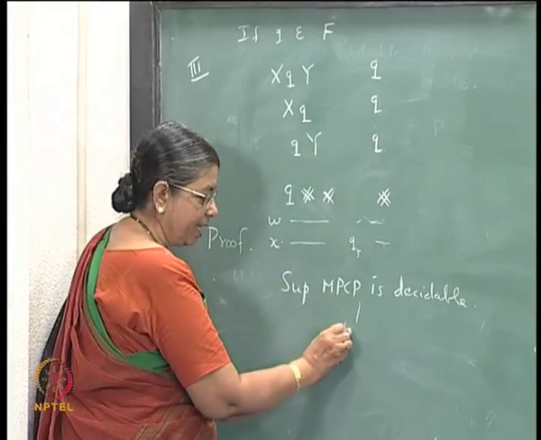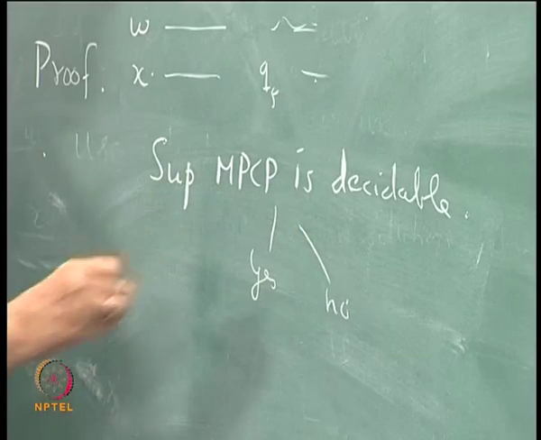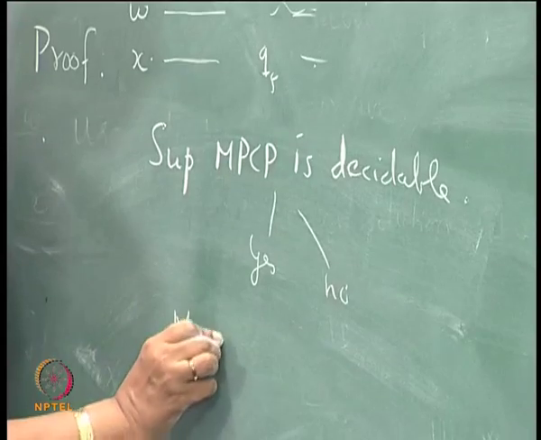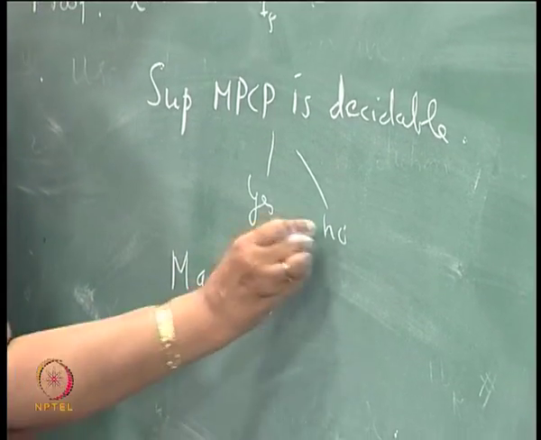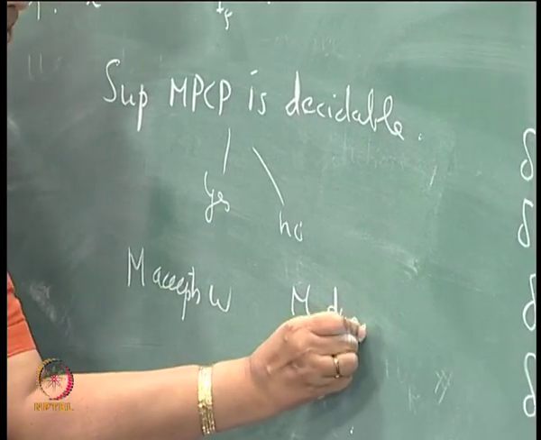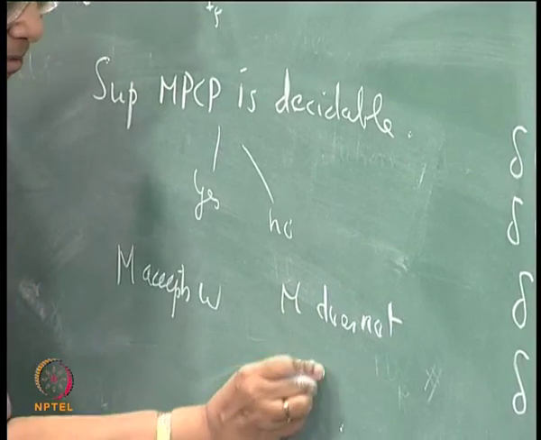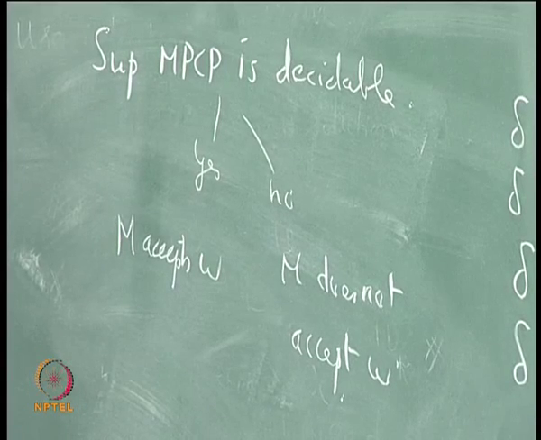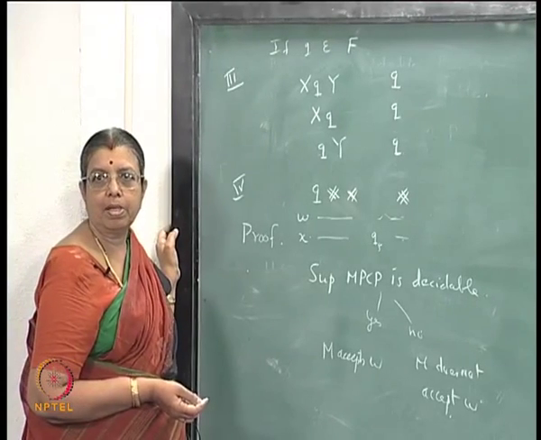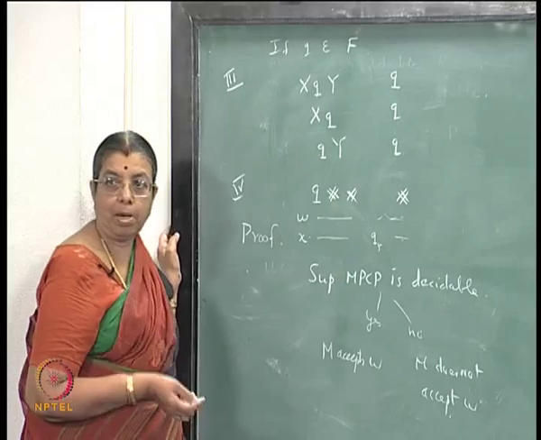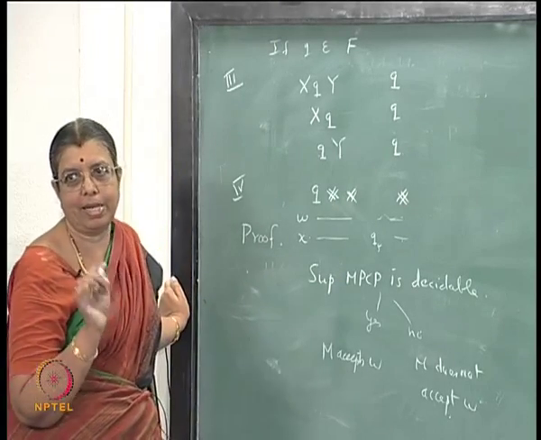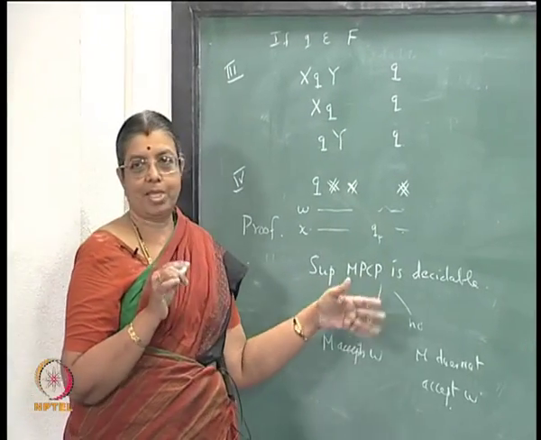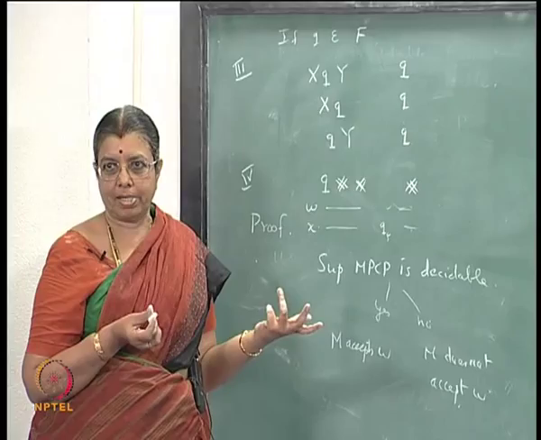This will come out with the answer yes or no. If it is yes, then M accepts W. If it is no, M does not accept W. So, you are able to solve the problem, does M accept W, but you know that it is undecidable. So, assuming that MPCP is decidable, you are arriving at a contradiction.